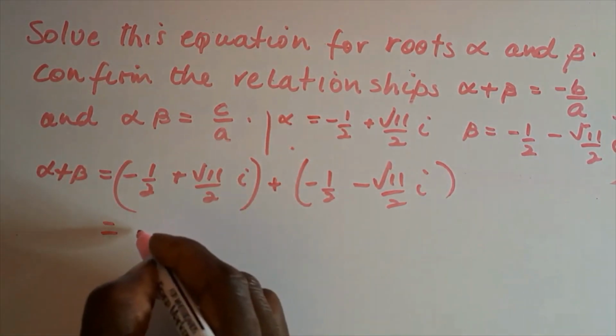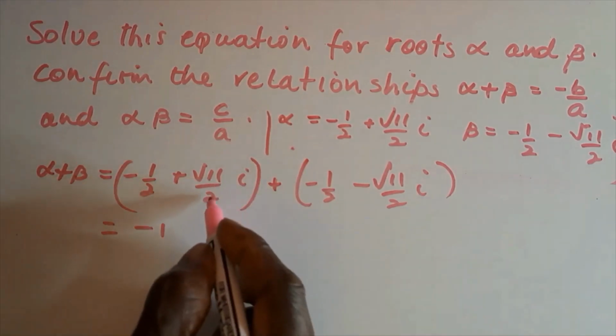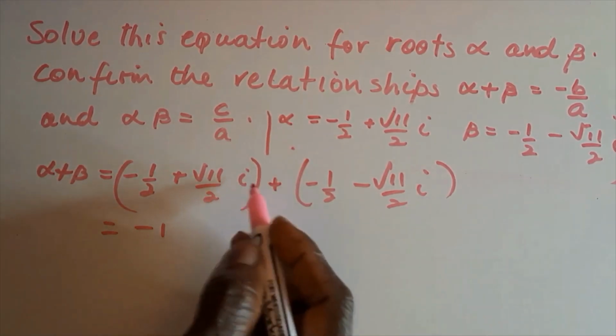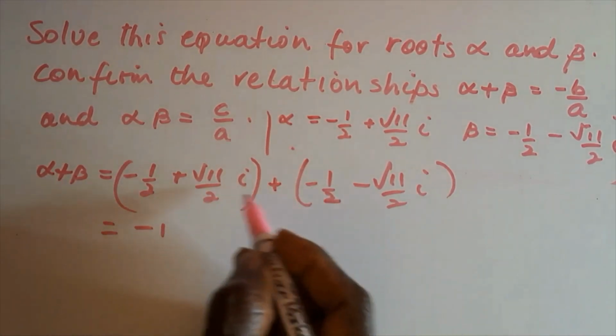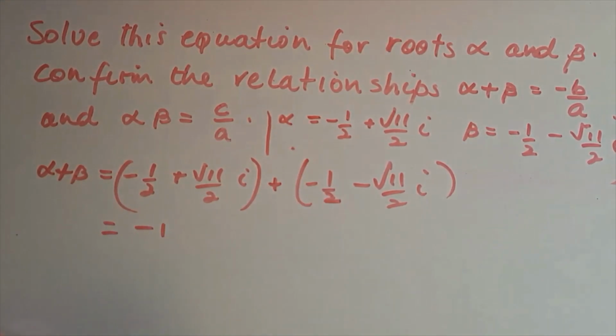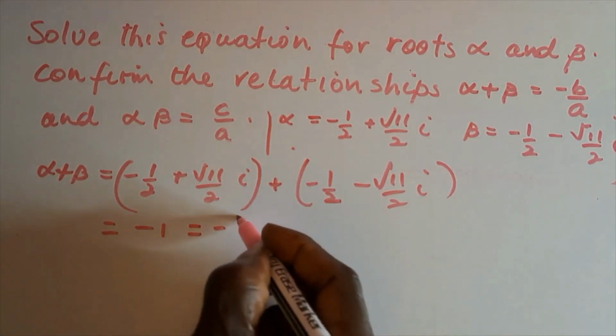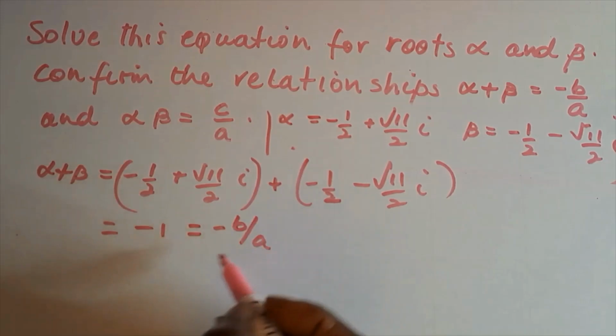This gives us negative 1 because root 11 over 2i cancels with this minus root 11 over 2i. And all we have is minus half, add minus a half, it's minus 1. And this is equal to minus b over a.